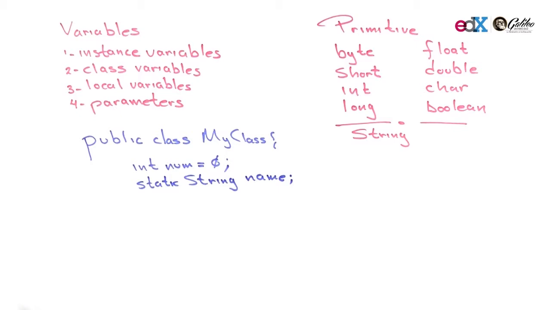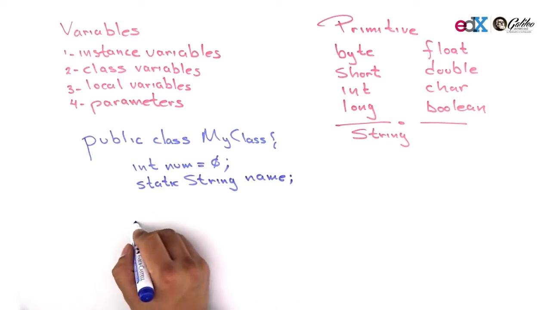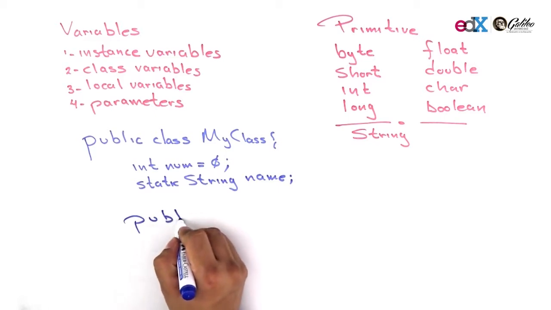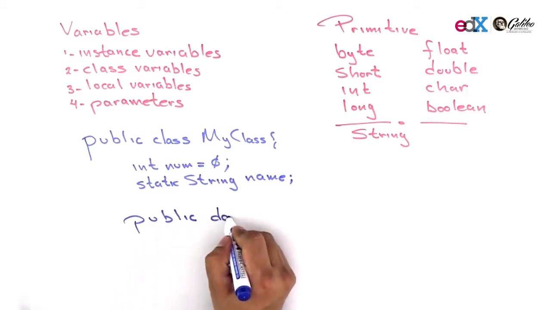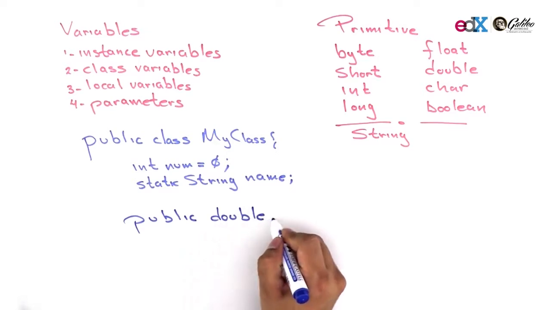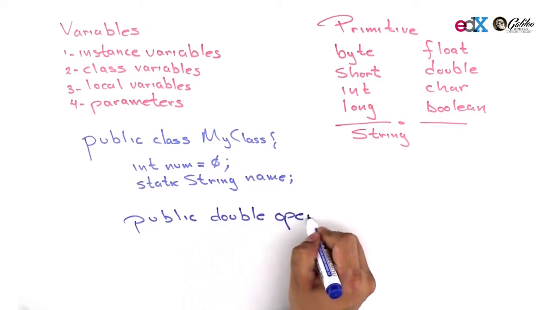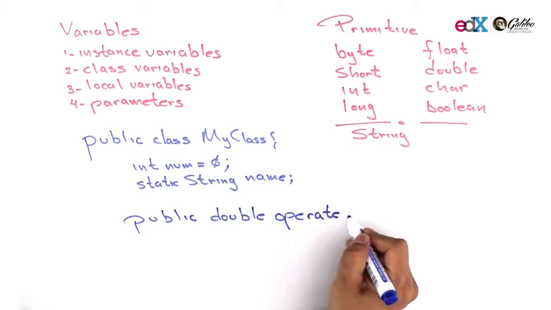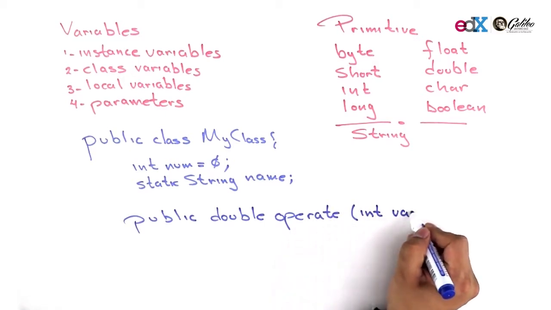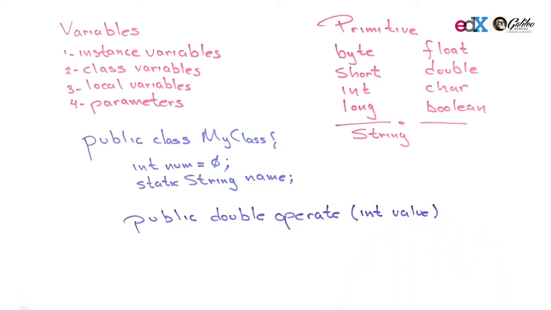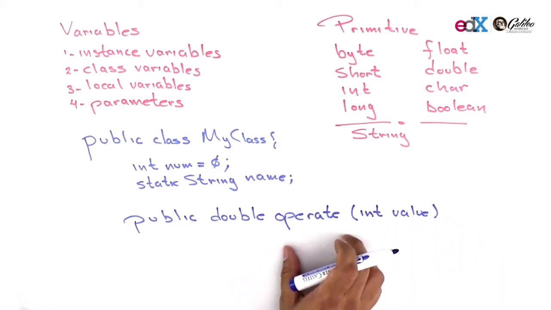The third, I will declare a small method to demonstrate the parameters and the local variables. I declare the method operate.